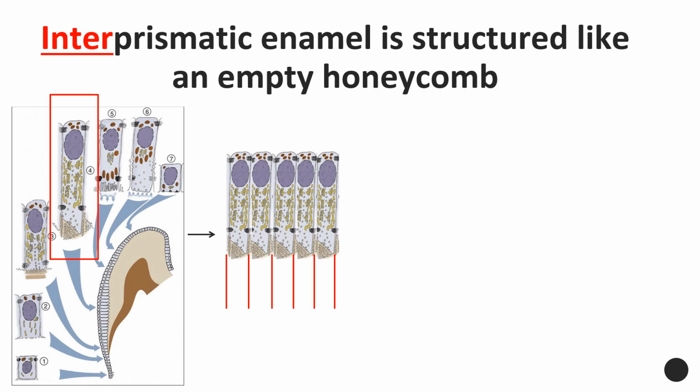In amelogenesis, this sideways secretion is actually what happens first. So here I've tried to represent it in terms of a whole panel of ameloblasts, so they're all lined up together.